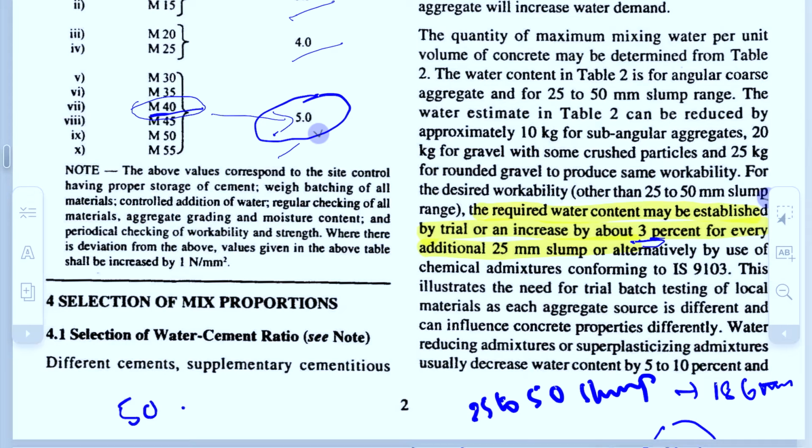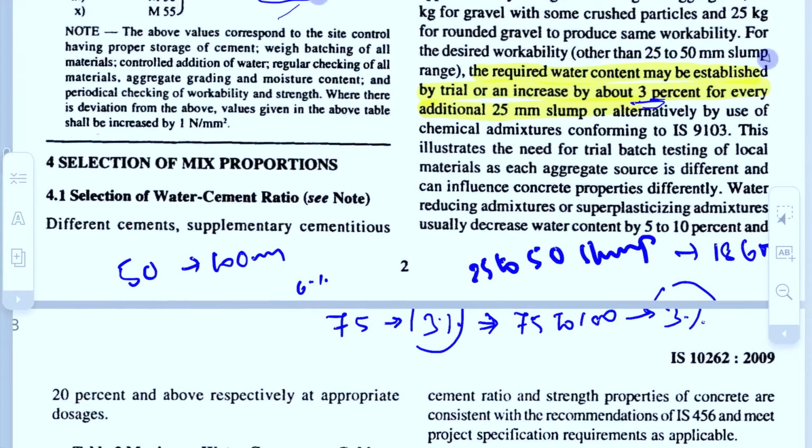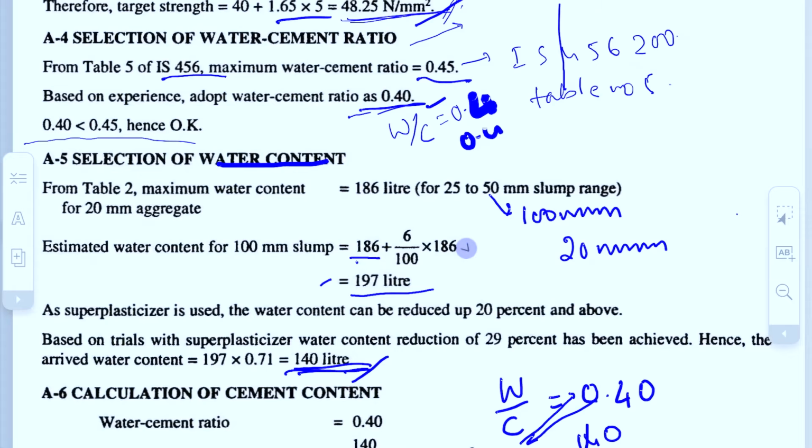Because we are going from 50 to 100 mm slump, 3% per increment means we have to increase the water content by 6%. So for 186 liters, if we increase by 6%, 197 liters will be the value.